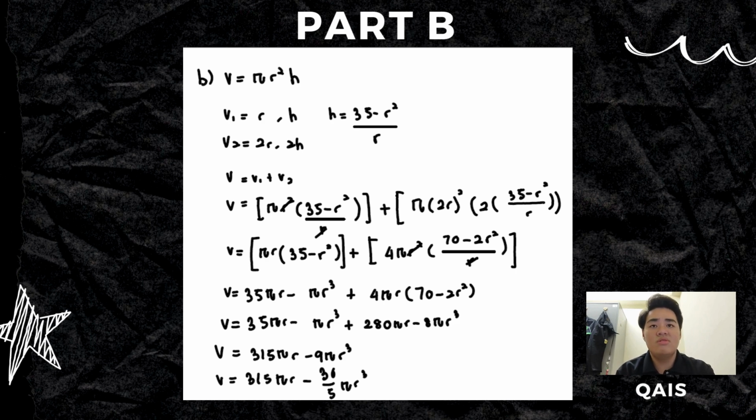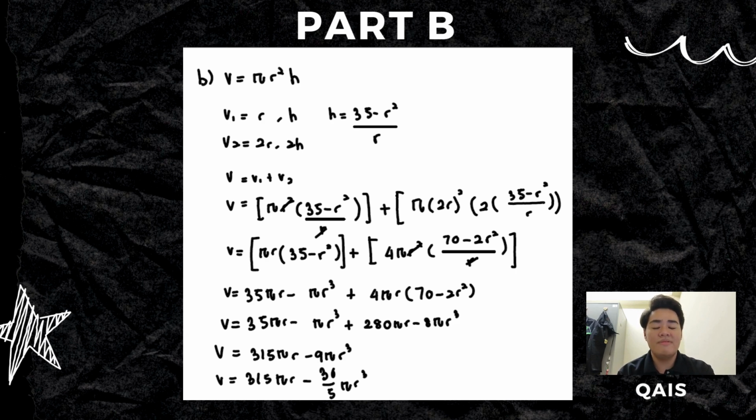V equal to pi r squared times (35 minus r squared) over r, plus pi times (2r) squared times (35 minus r squared) over r.